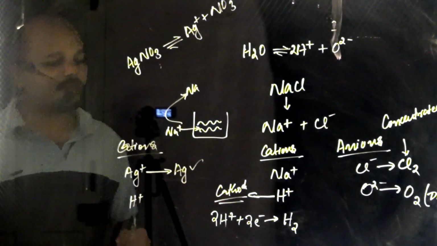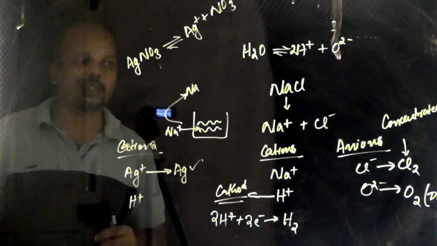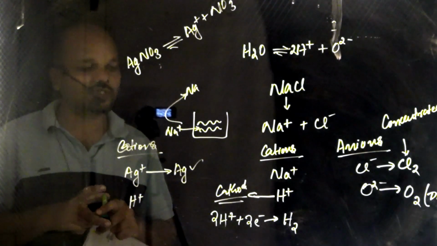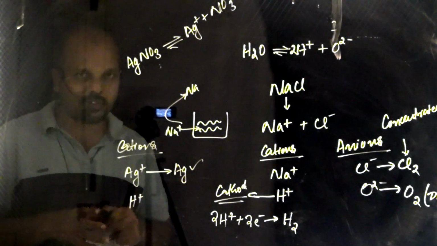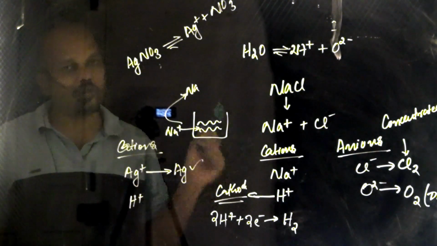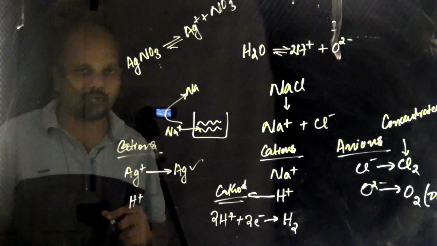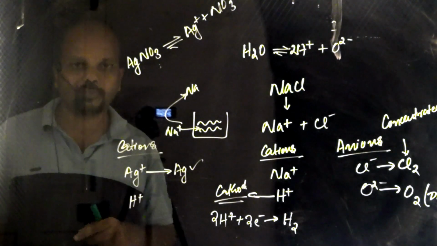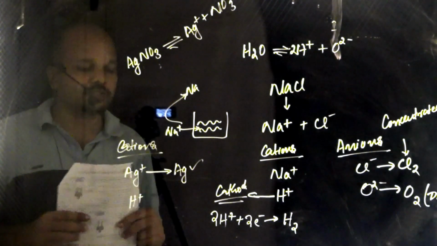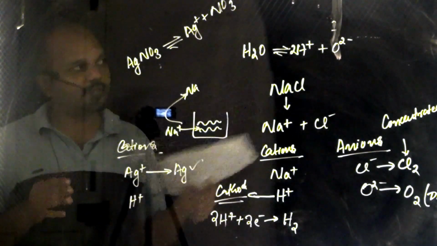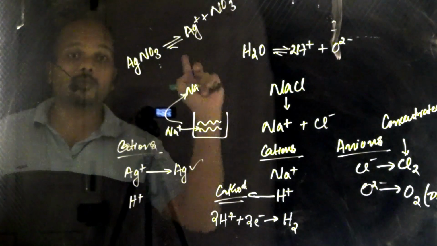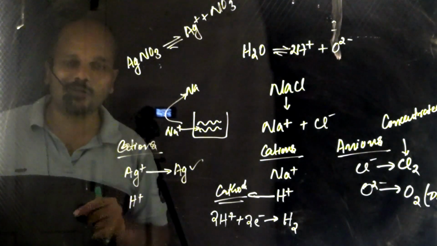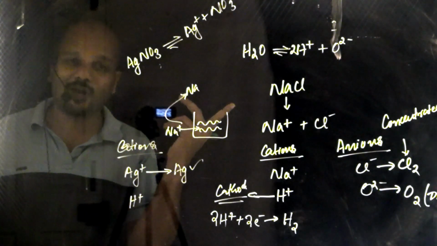H+ will not be forming. This is how we can predict the product: you check the electrochemical series, your reactivity series. If the element is more active than hydrogen, it will not come to the cathode. If the element is less active than hydrogen, only that will come to the cathode. Always the least reactive species will be forming in the cathode. The more reactive species is going to form in the anode.